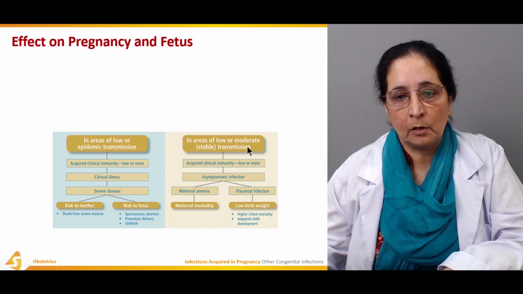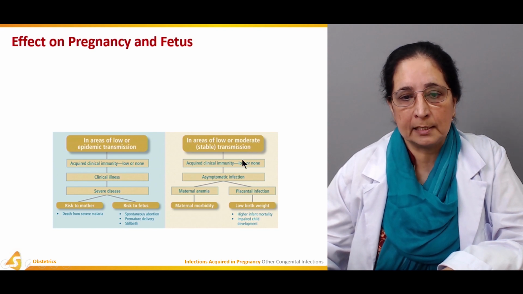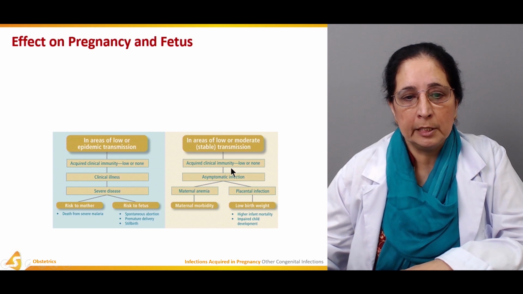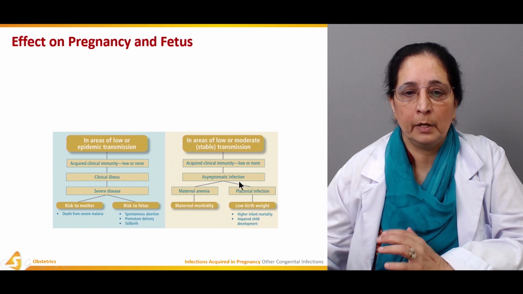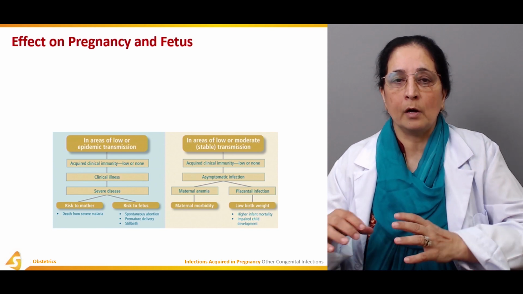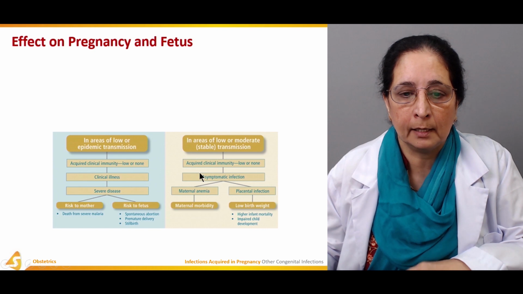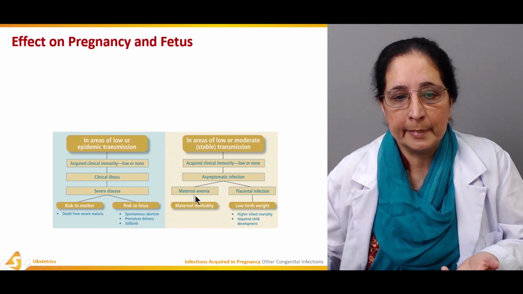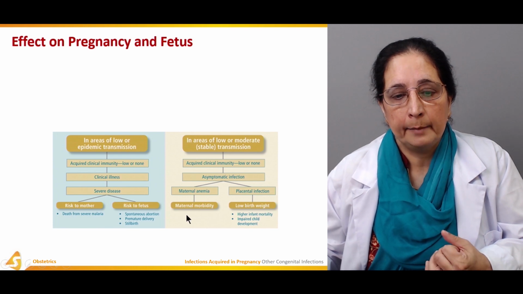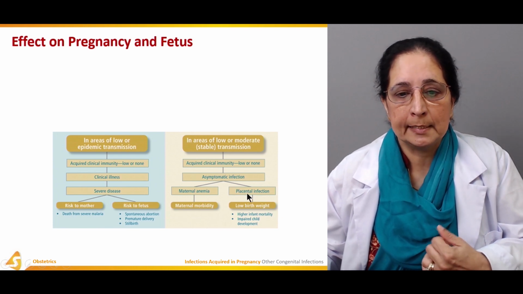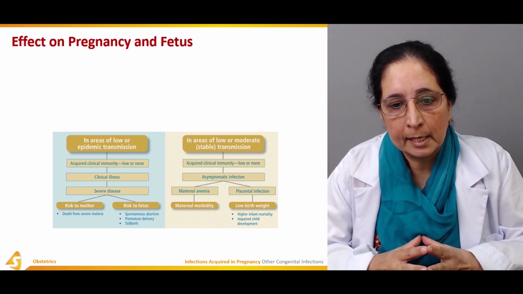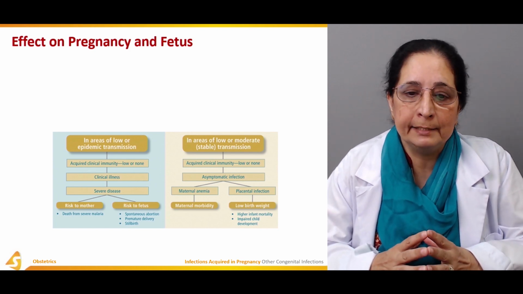And in areas of stable moderate transmission, usually there is acquired clinical immunity and asymptomatic infection. There is maternal anemia and maternal morbidity and placental infection, which can again cause infant mortality and impaired child development.